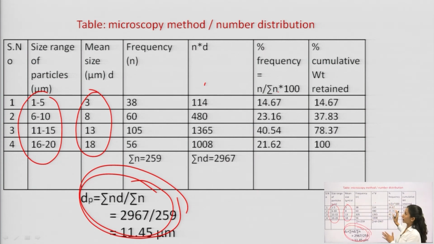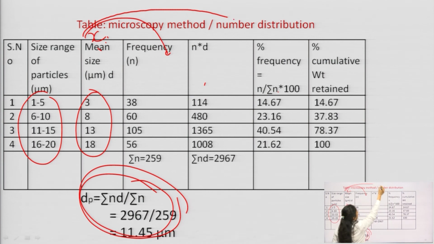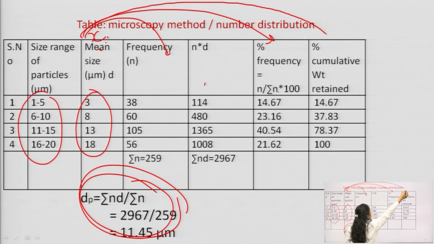Here we can also draw the particle size distribution curve. As I already told you, in the particle size distribution curve the x axis is always particle size and the y axis is always frequency.